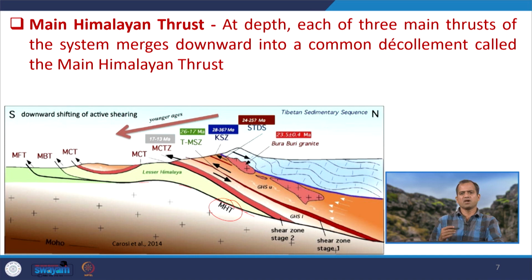It is the main thrust sheet, and the MFT, MBT and MCT act as splays. These thrust splays are merging into the Main Himalayan Thrust. So, at depth, each of the 3 main thrusts of the system merges downward into a common decollement that is called the Main Himalayan Thrust.